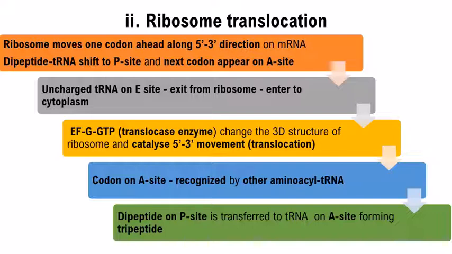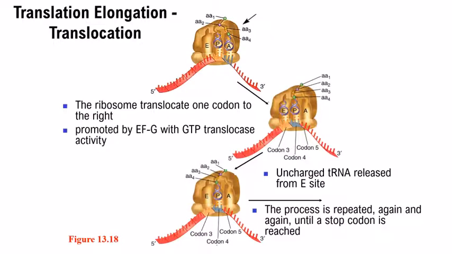The dipeptide, which is present on the tRNA at the P site, is then transferred to the amino acid that is present at the A site. It forms a tripeptide amino acid chain. During the translocation, the amino acid chain which was initially present on the tRNA located at the P site is transferred to the amino acid which is present on the tRNA at the A site.